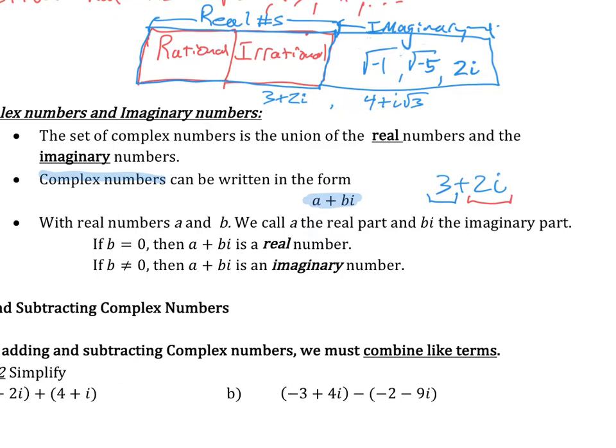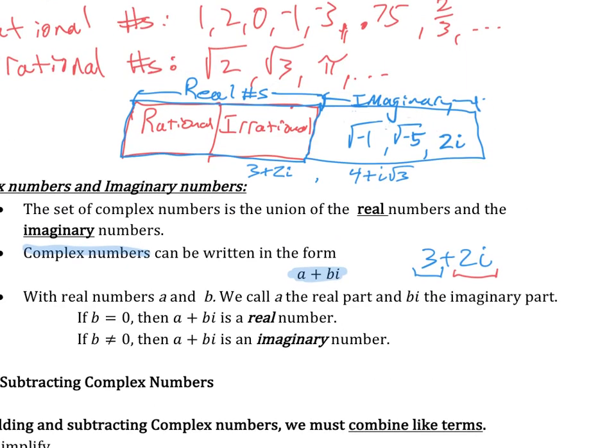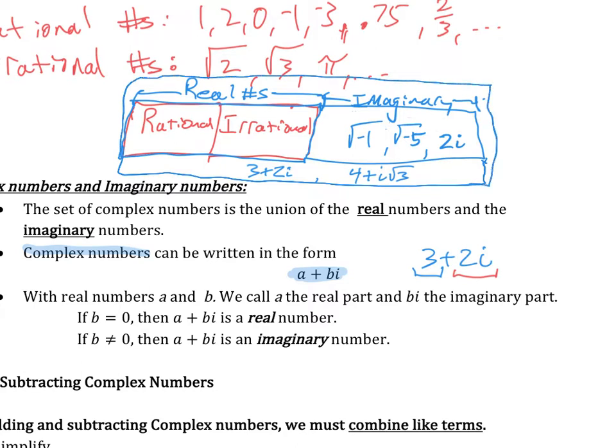All right? So our little world of numbers is growing here to include all of these. Okay? And so all of these live inside the world of complex numbers. Okay?